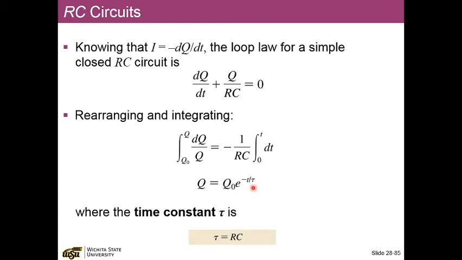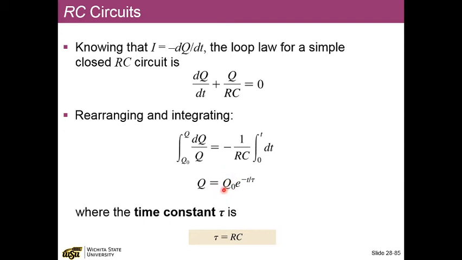If I do that integration, I get the result: the charge in the capacitor, capital Q, is equal to Q naught times e to the minus t over tau, where tau is the time constant. Tau is R times C, the resistance times the capacitance, and it decays exponentially starting from Q0.